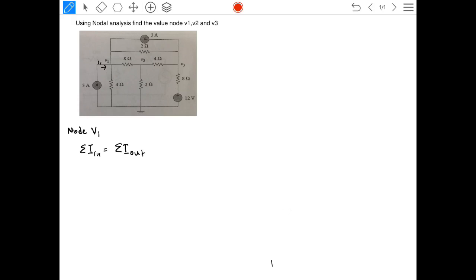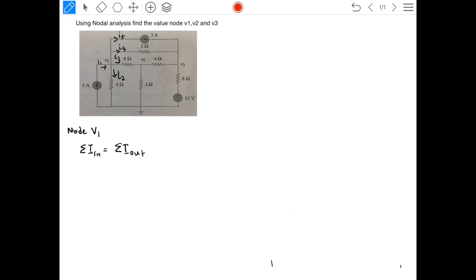So the 4 ohms, since this is the load or resistor, we will call it I2. And this will be I3. This is also I4, and we have another one here as I5.